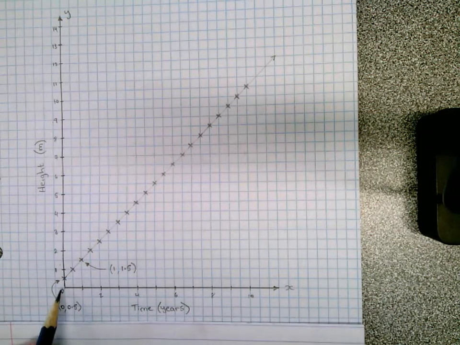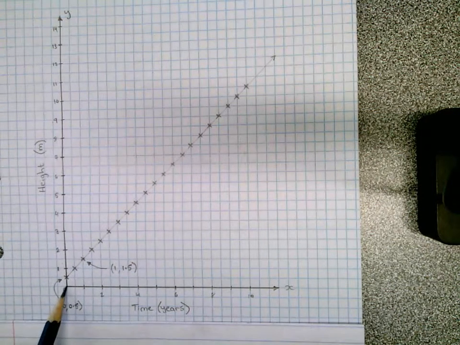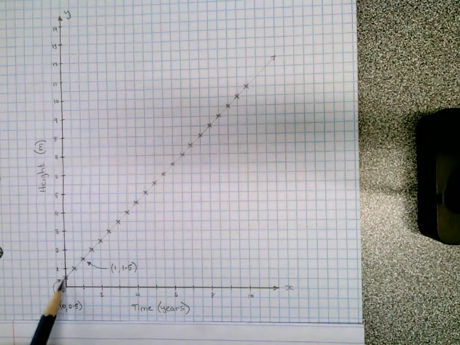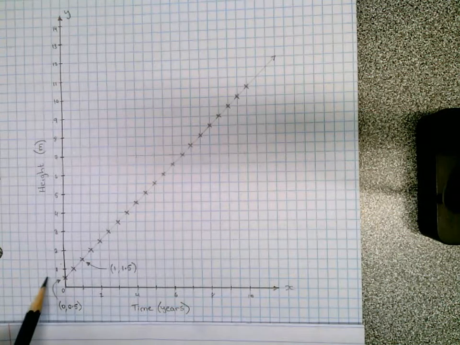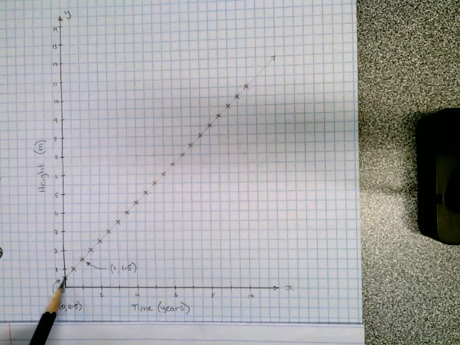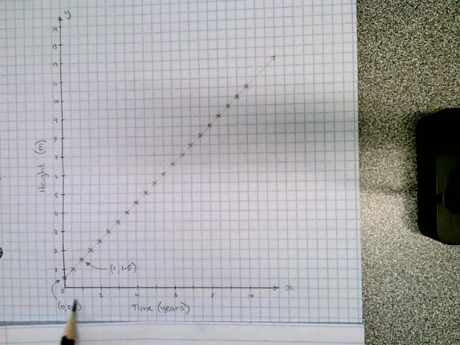What I then noted was at time 0, this represents when the tree was planted. And when the tree was planted, how tall was it? Well, it was half a metre. Now here's our metre mark. Therefore, this represents half a metre, so I put a cross at that point and wrote the coordinate 0, 0.5.